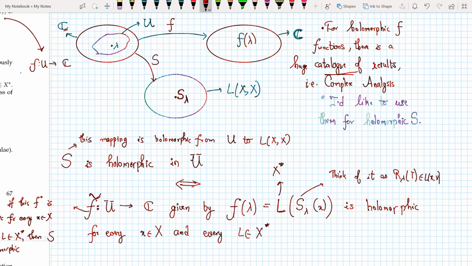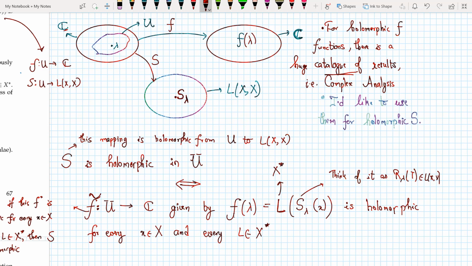Now I want to say that a function S which takes lambda from U to L(X), let me write S, it takes U to L(X). Now I want to say that this S is holomorphic.